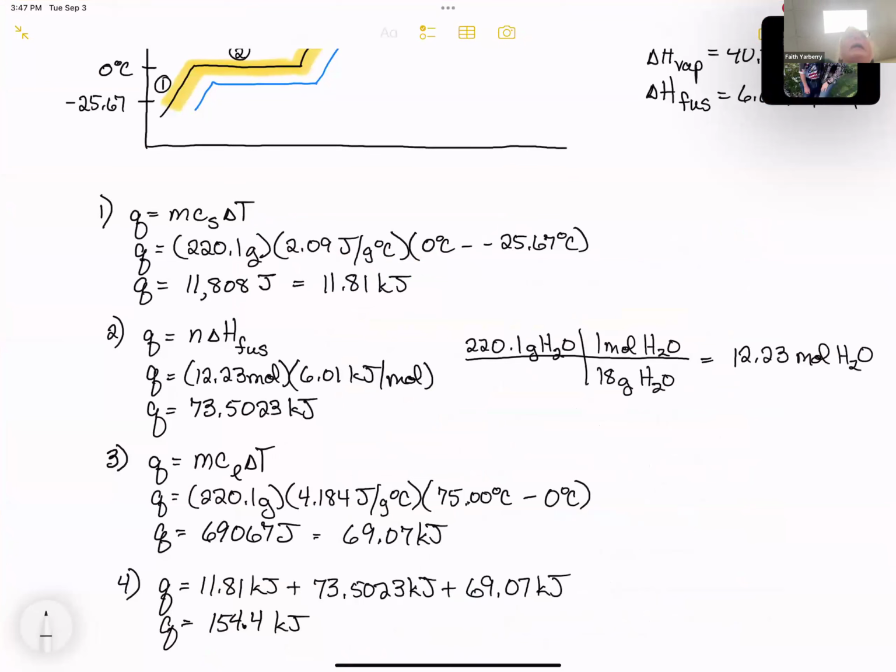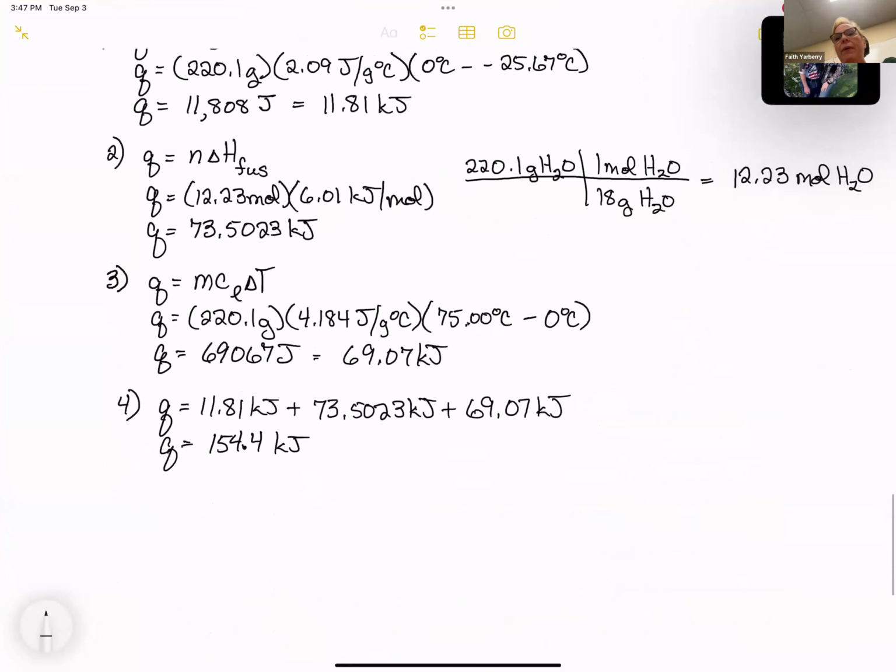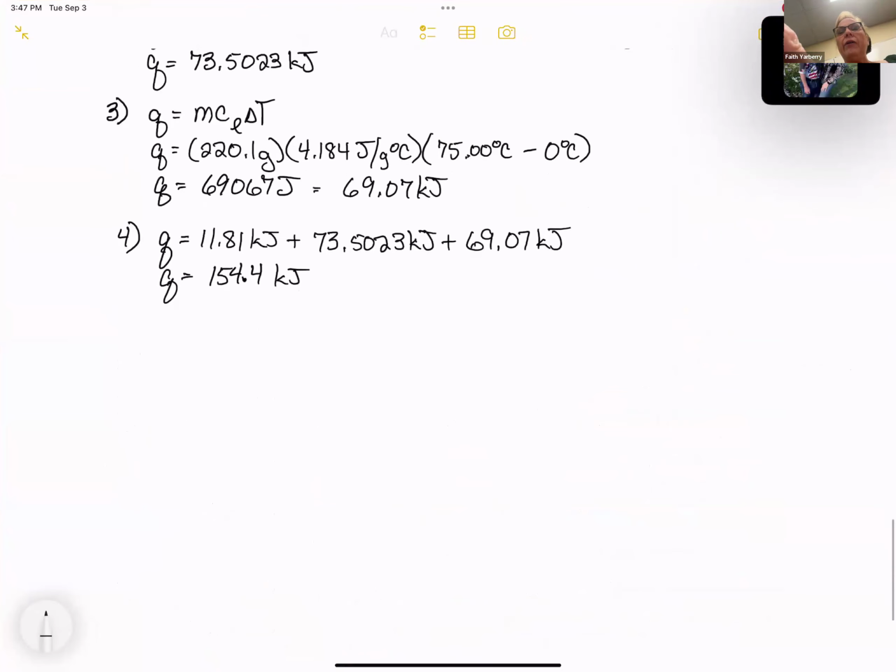Okay, so what we're about to discuss has a lot of similarities to the heating and cooling curve. But let's talk about how they differ.